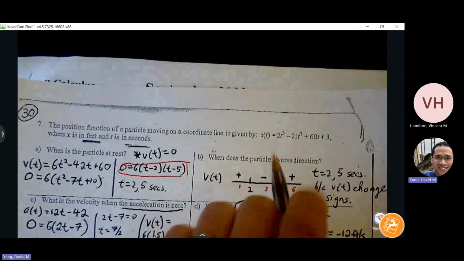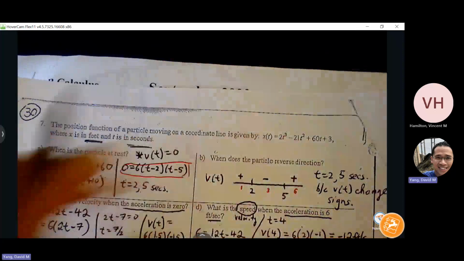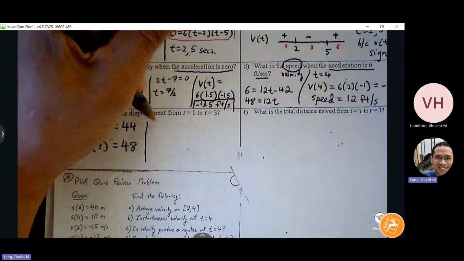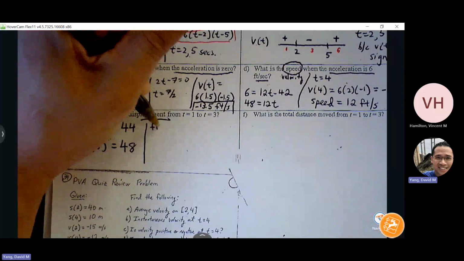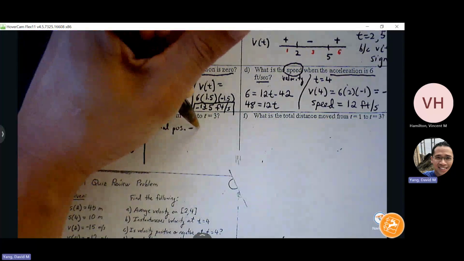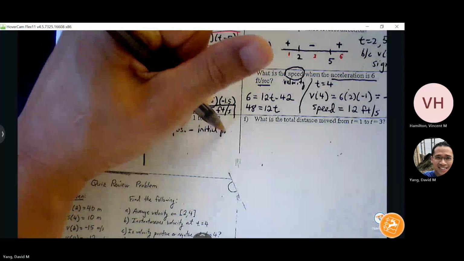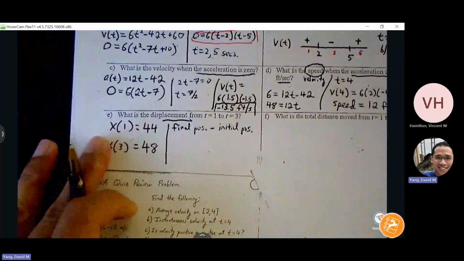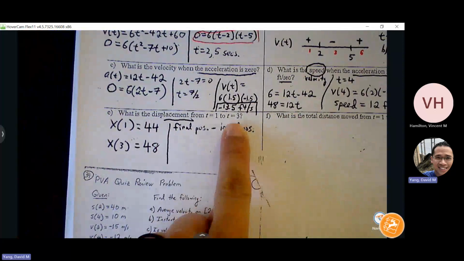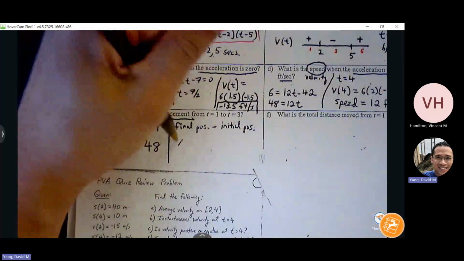We plugged it into the position function. So displacement, the formula for displacement is just final position minus the initial position. Whatever the final and the initial are from your list of t-values. So it's just x of 3 minus x of 1.